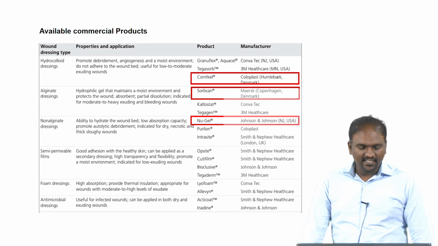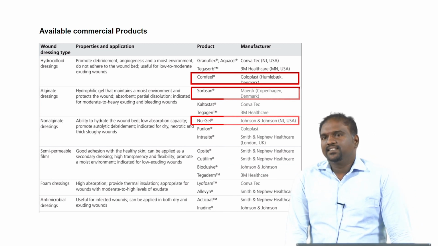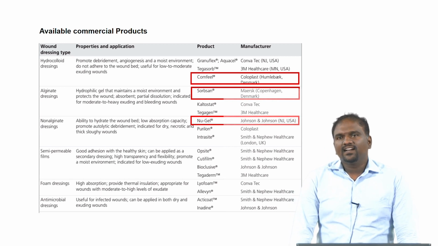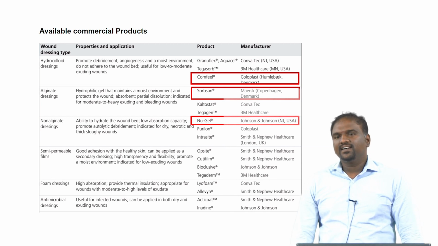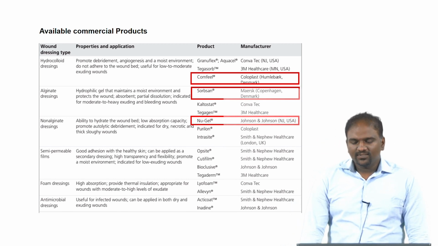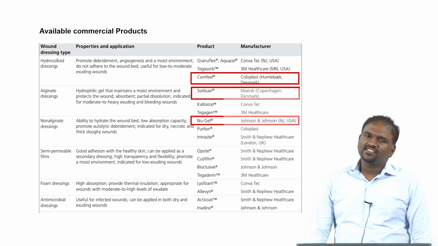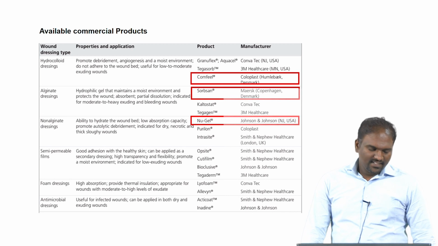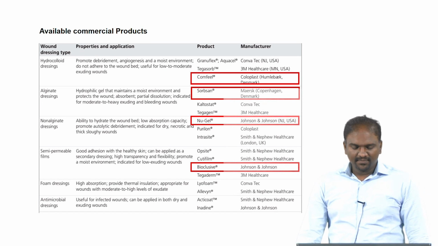In the non-alginate dressings, we have NuGel developed by Johnson and Johnson. This again promotes debridement, and it also gives absorption to the wound site. Now NuGel comes with alginate also, just to promote hydrophilic nature and absorption.